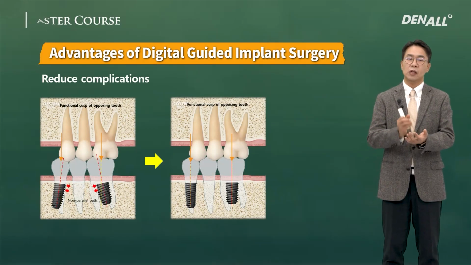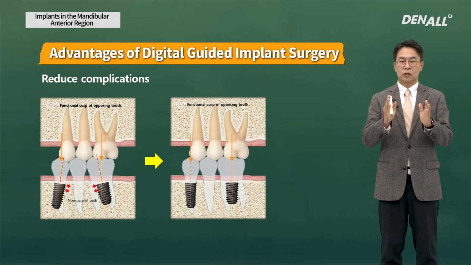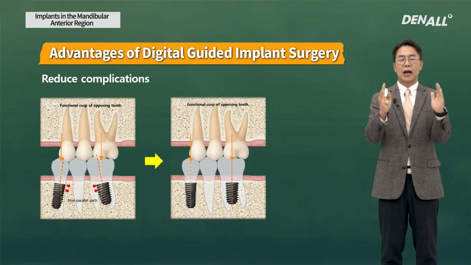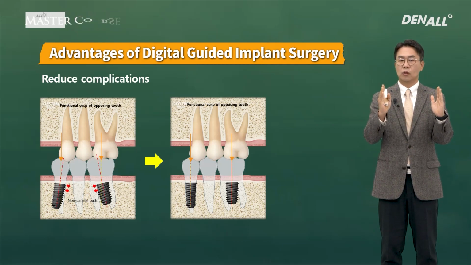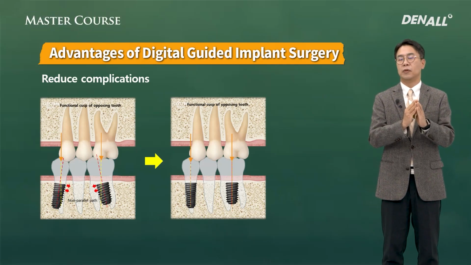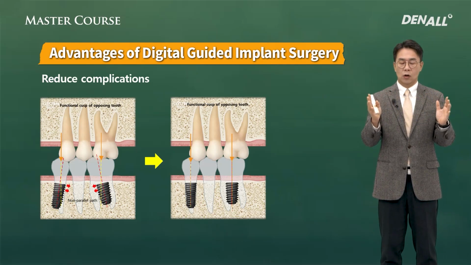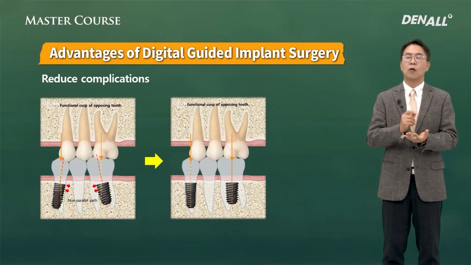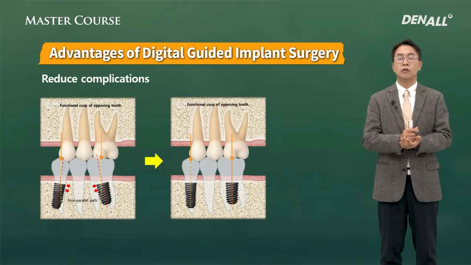An advantage of using a guided surgery is that we can plan in advance all the desired positions of implants. If we can place implants in parallel, that would be ideal. If not, the positions can be determined considering the length of the dentular span or the gap with the opposing tooth.